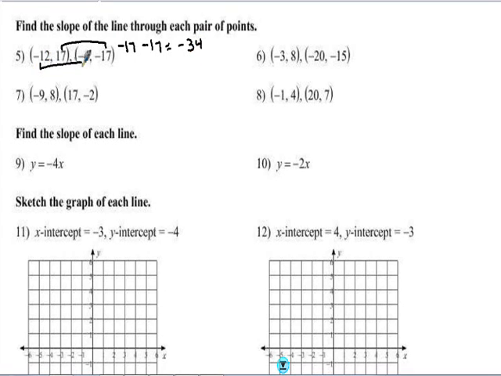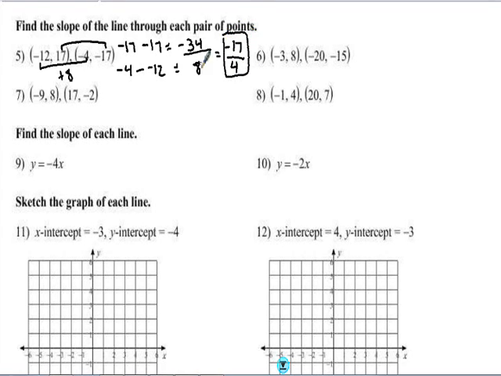Then from negative 12 to negative 4, I can figure that out. That's plus 8. If you want to do the subtraction again, you can. It would be negative 4 minus negative 12. And you get positive 8, then negative 34 divided by 8 can be simplified to negative 17 over 4.